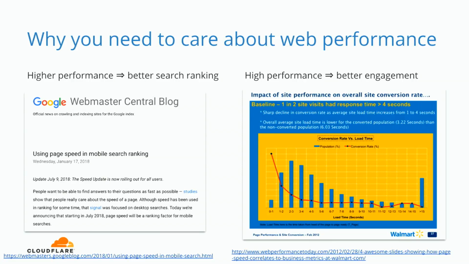It's quite a significant impact given the volume that Walmart handles on their e-commerce platforms. Of course, the same theory applies to e-commerce websites, but it also applies to social media and even your personal blog. So that's another reason why you need to care.